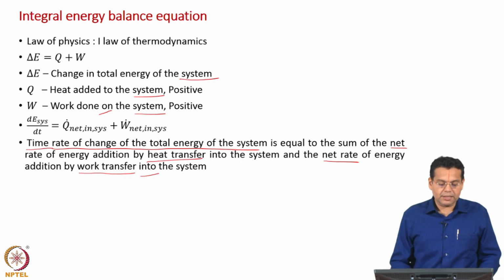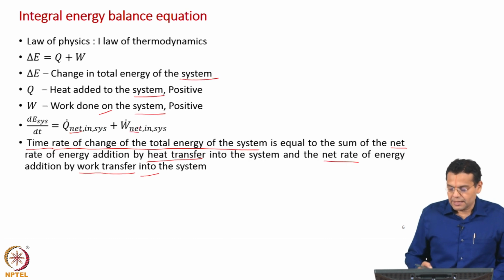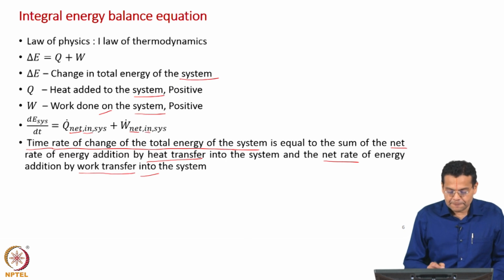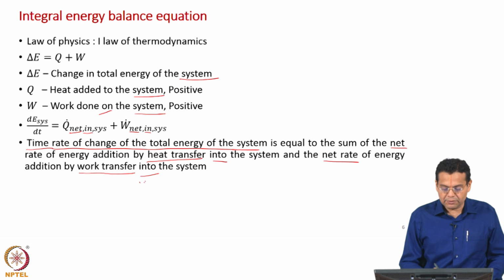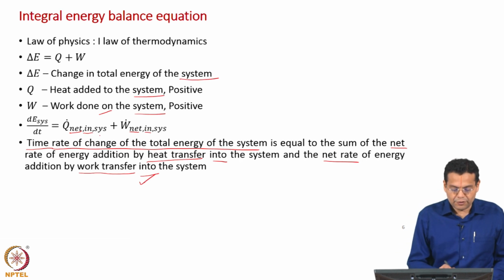Now let us come to the subscripts which I have used there. Net is of course representing what we have discussed now. In represents heat added and work done on the system. In is used to say heat transfer into the system and work transfer into the system instead of out of the system. And of course, subscript system refers to the fact that we are writing for the system.